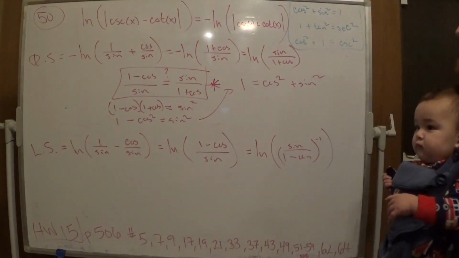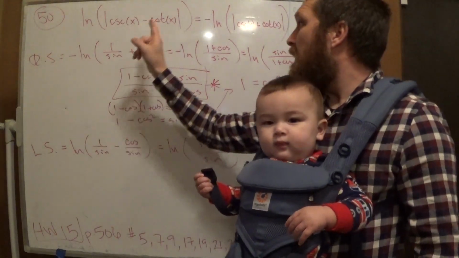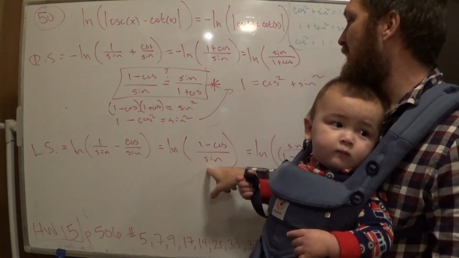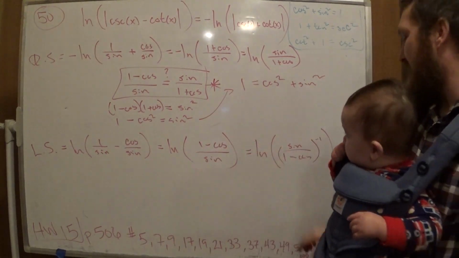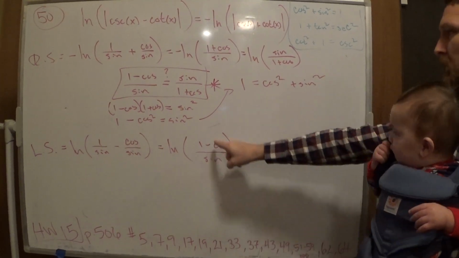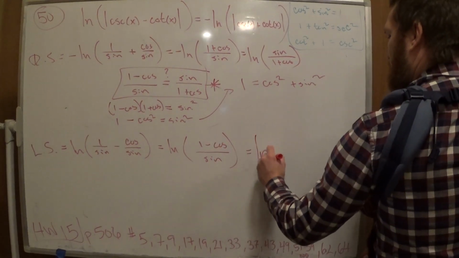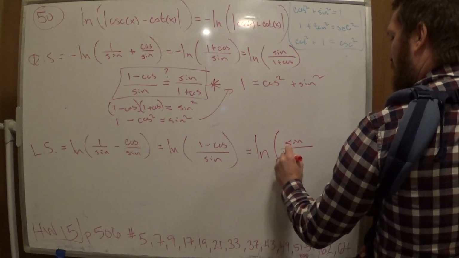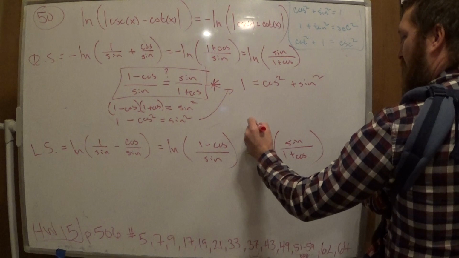Then I'd write left-hand side equals this, and by star, this is the same as that, therefore this is equal to log of sine over 1 plus cosine. With this step, I would put my star right here.